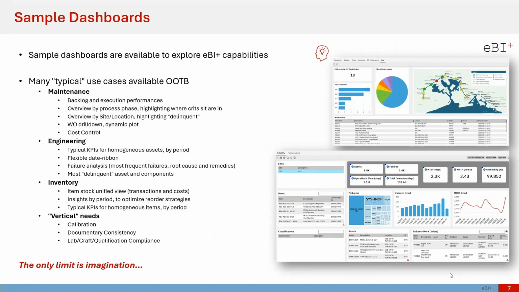I would say that they are focused at the moment on mainly three areas, but also here we are extending those sample dashboards. The first set is focused on maintenance: to monitor execution, backlog of work orders, capability overview by location, control of maintenance costs.